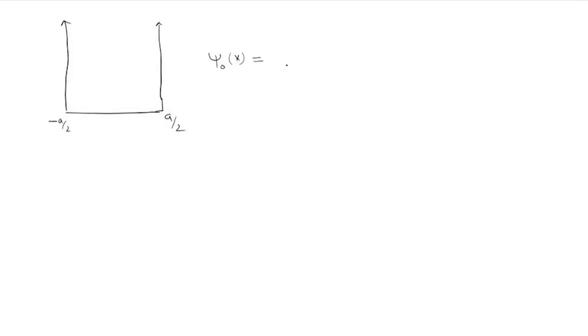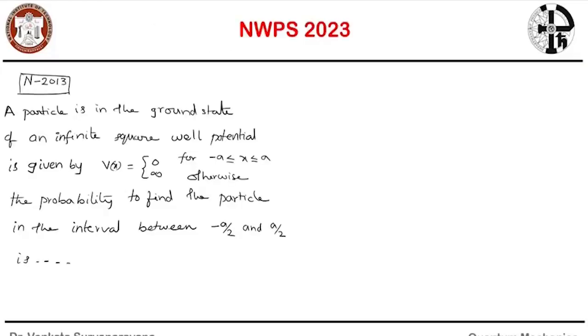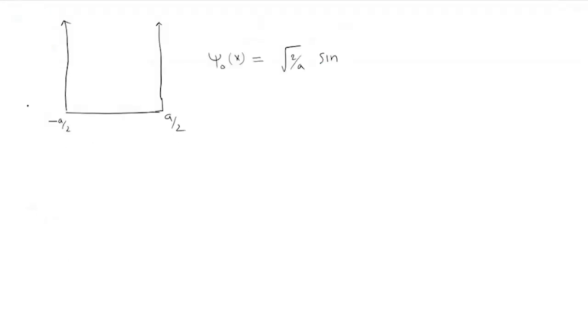Okay, √2 over a, sin n pi x, cos n pi x by a. Yes, cos for symmetry in the ground state. But it is between -a to a.